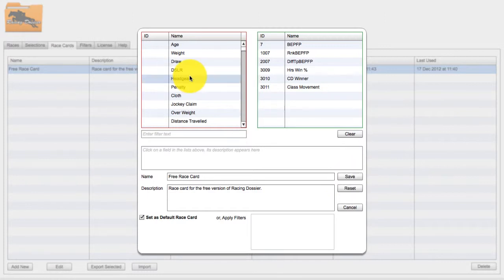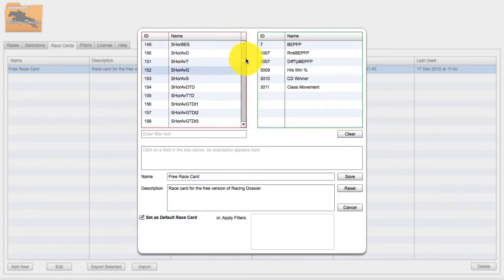If you want to add any more fields in, then there are some of the more regular information fields available to you, and you can see we've got age and weight and fields like that. You won't have these IDs.